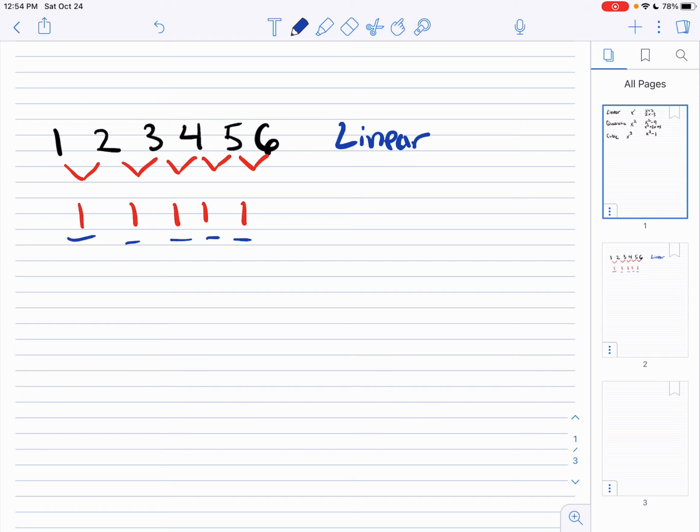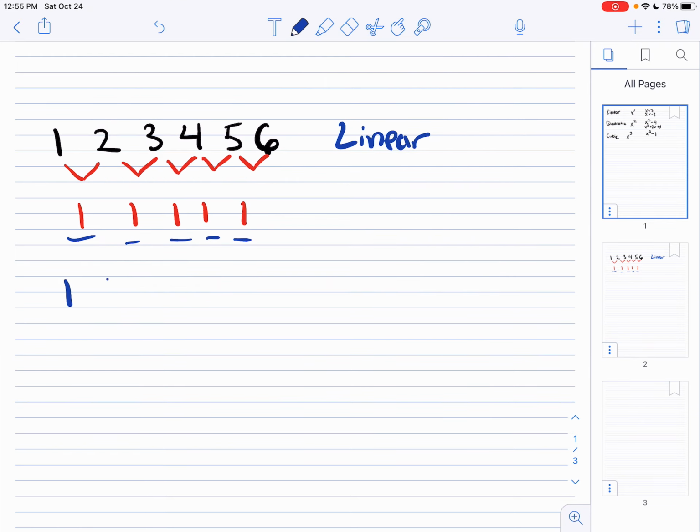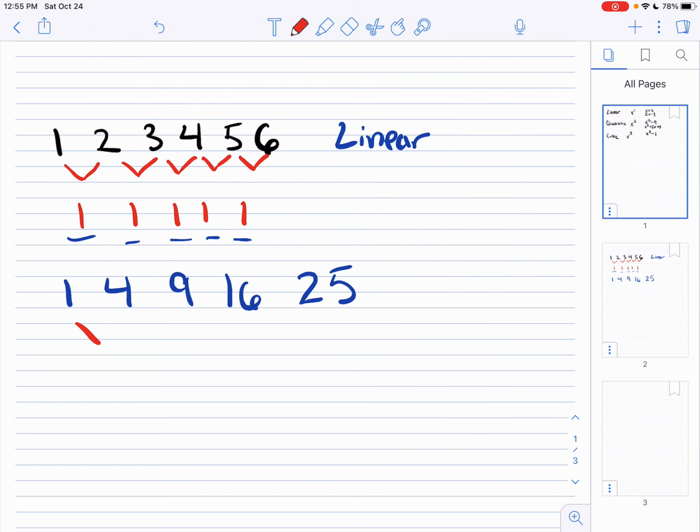So now if we have a sequence like 1, 4, 9, 16, 25, we're going to once again check the differences. 4 minus 1 is 3. 9 minus 4 is 5. 16 minus 9 is 7. 25 minus 16 is 9.